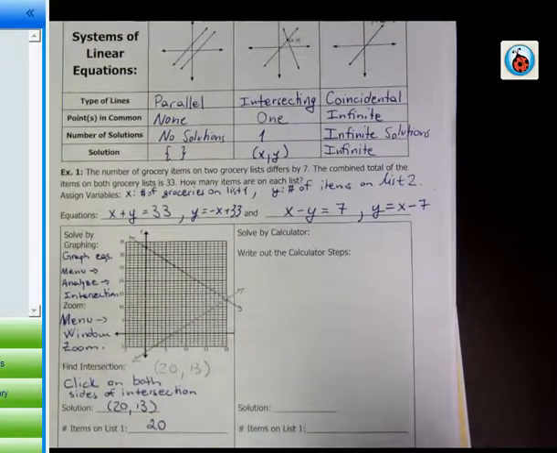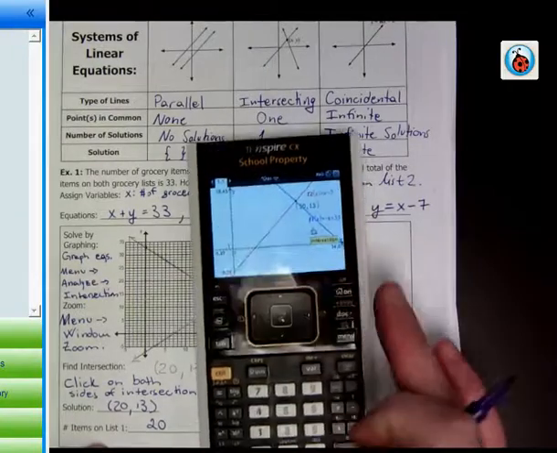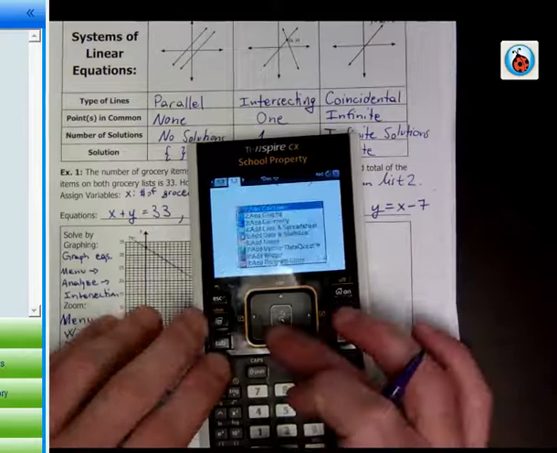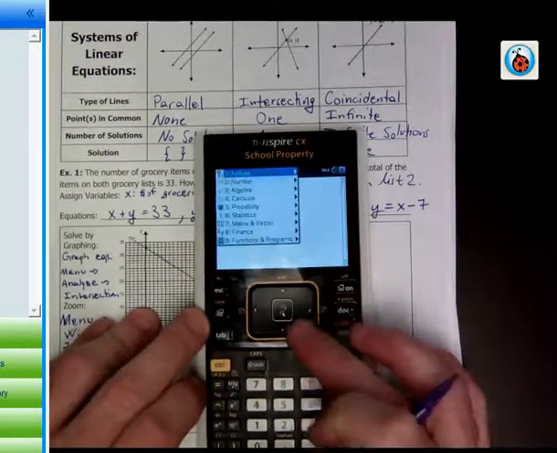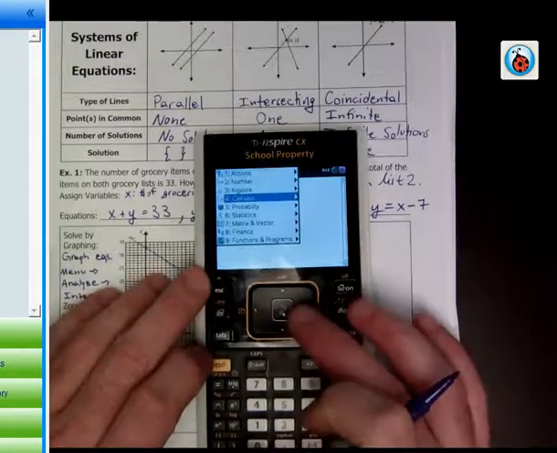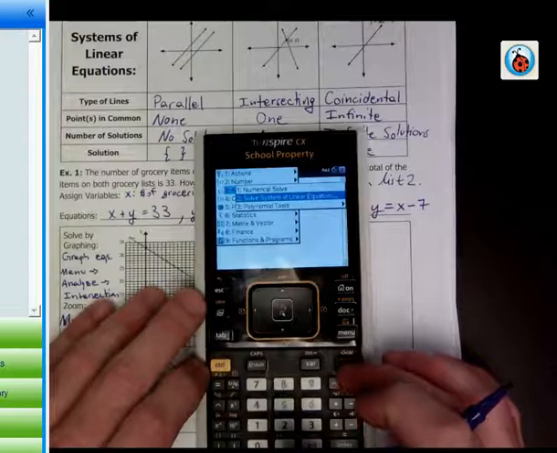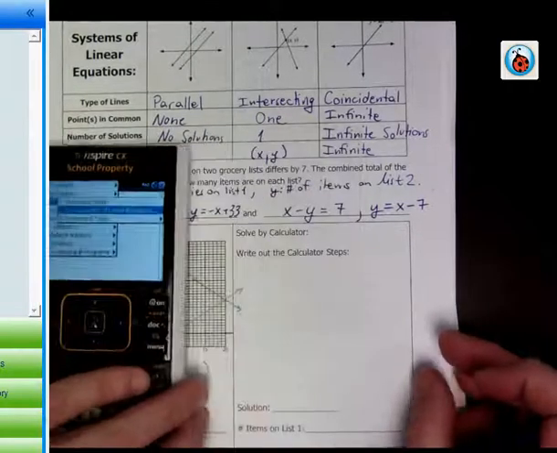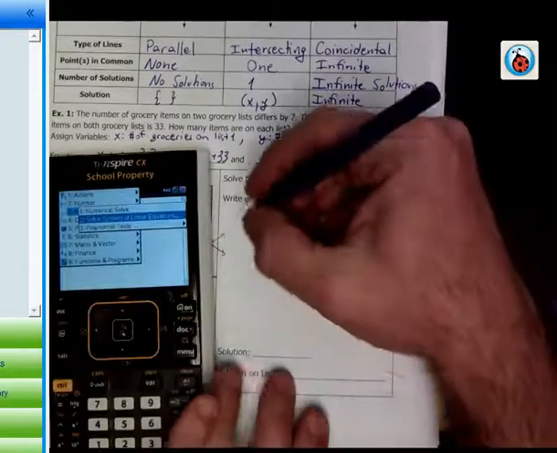Another way of solving these is actually using the calculator, not the graph. So let's do that. I'm going to do Control Doc to add a page, and I'm going to add a calculator. It's going to be Menu, Algebra, Solve Systems.